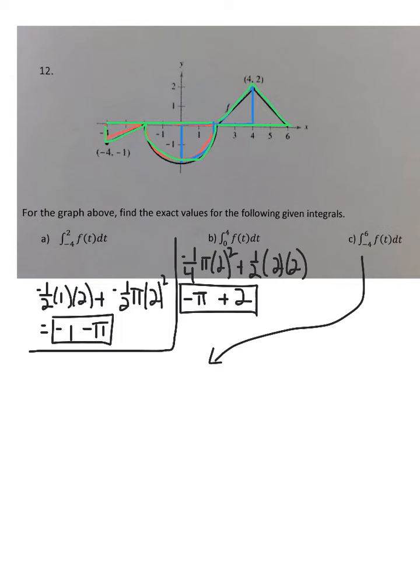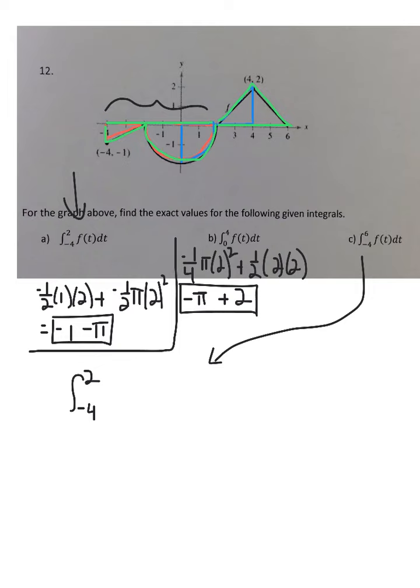So let's see. I'm going to start with integrating from -4 to +2. Sorry, I said that wrong. I switched my numbers. Okay, and that basically is all of this and is also the answer from part A.